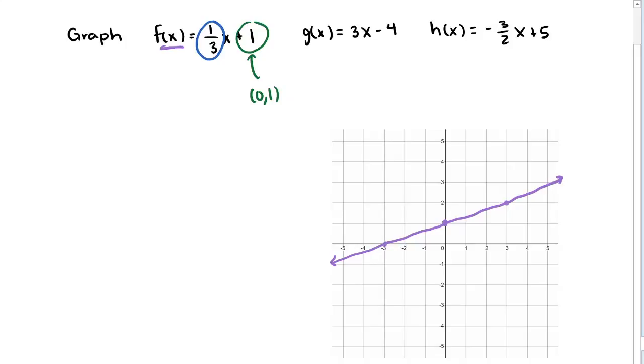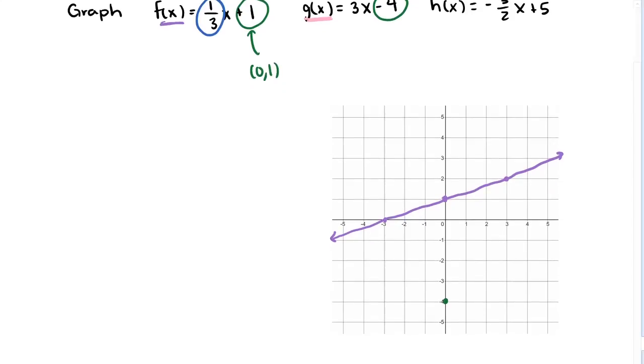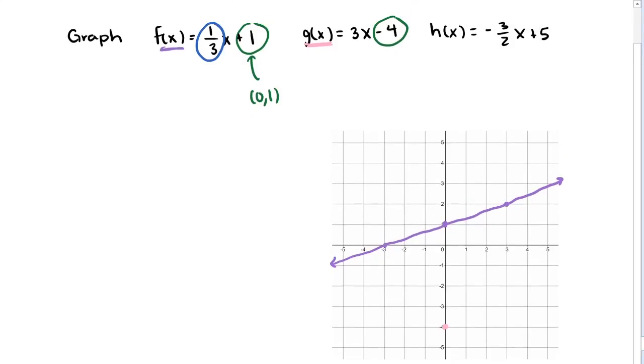What if we look at g of x? Well, g of x has a vertical intercept of 0, -4. Maybe I'll be consistent with my colors here. 0, -4. I'm going to use pink for this graph. And a slope of 3. And this might be a little trickier because we've been talking about using the numerator as our change in y and the denominator as our change in x.